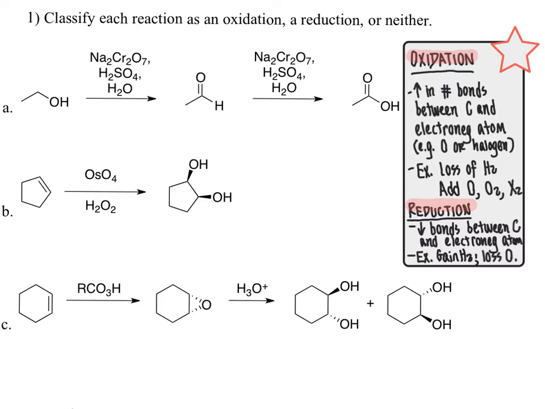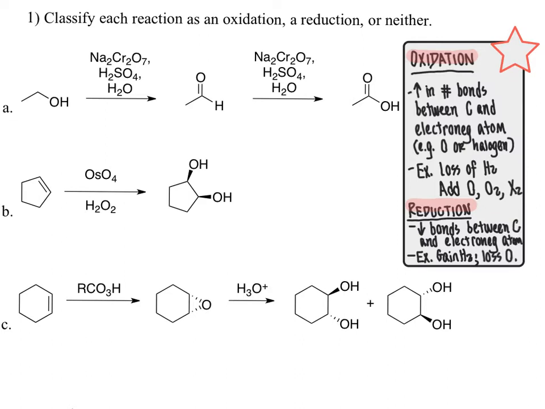We determine that an organic molecule has been oxidized if, comparing the structure of the product to the reactant, there's been an increase in the number of bonds that connect carbon atoms and electronegative atoms, atoms such as oxygen or halogens.